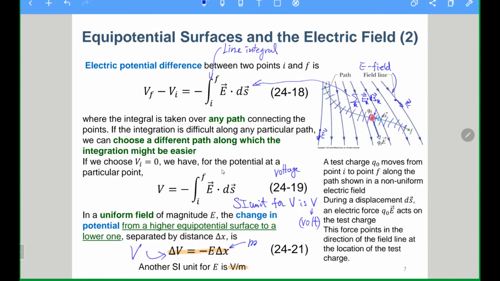Of course, in chapter 22, we know the SI unit for E is Newton per coulomb. So actually they are the same. Both of them are correct, so in a quiz or exam, you can use either one. So here we have delta V equals negative E times delta X.